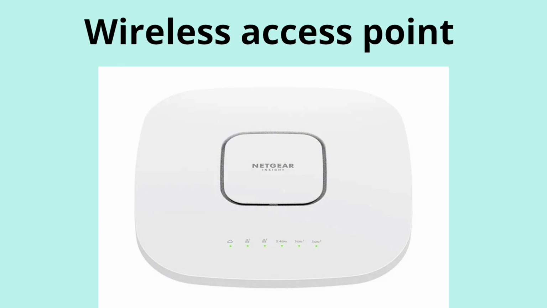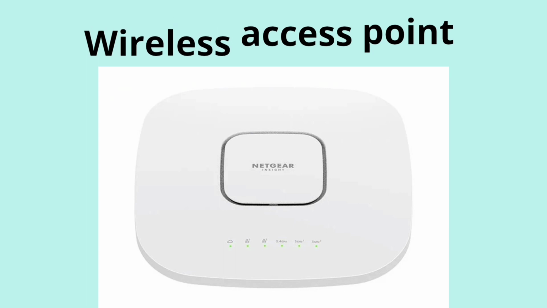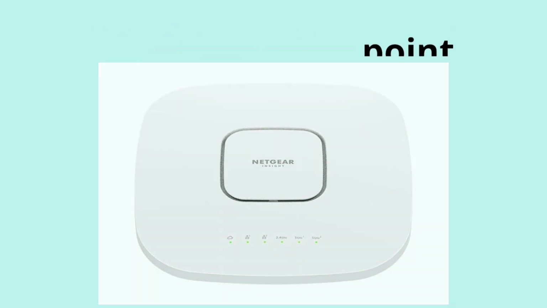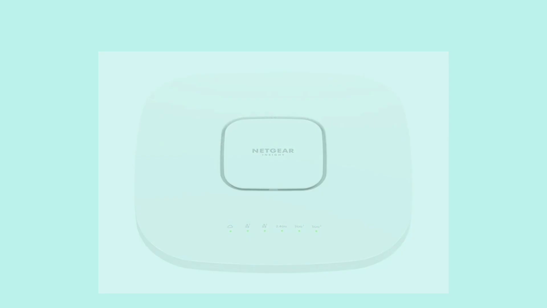A WAP device has a number of dedicated radio channels available that a Wi-Fi computer can connect to. All data passing through the radio channel is then fed into the hardwired network that the WAP device is supporting, providing a link between wireless and wired networks. It creates a wireless local area network that allows a Wi-Fi enabled device to connect to a wired network.